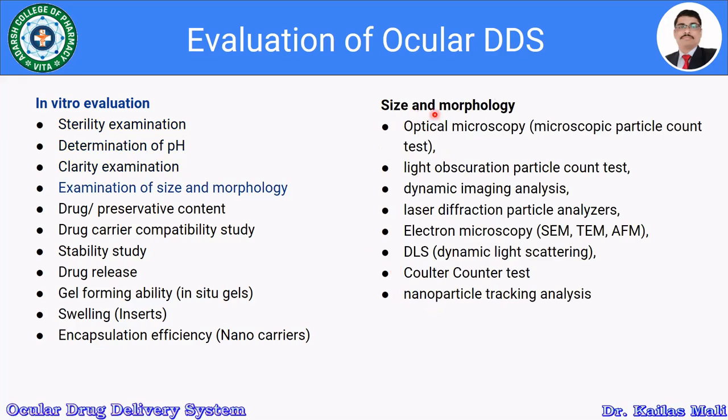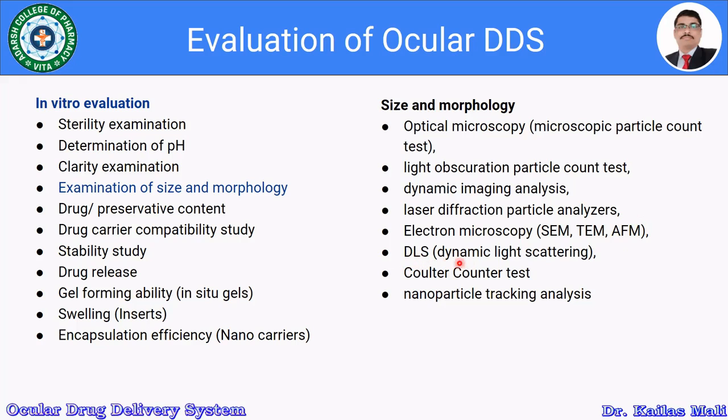Then the size and morphology in the case of nanotechnological products can be done by using the optical microscopy, that is the microscopic particle count test, then the light obscuration particle count test, then dynamic imaging analysis, laser diffraction particle analyzers, electron microscopy like scanning electron microscopy, transmission electron microscopy, or atomic force microscopy.